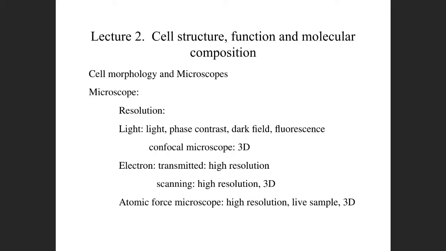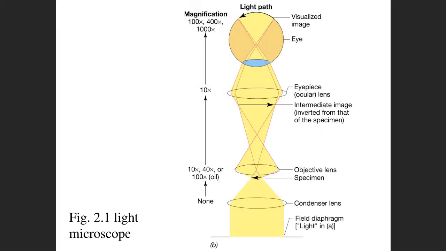So let's first go through the light microscope, and you've already seen the light microscope in the lab. This is your eye, this is the eyepiece, this is the objective lens, and this is the sample.